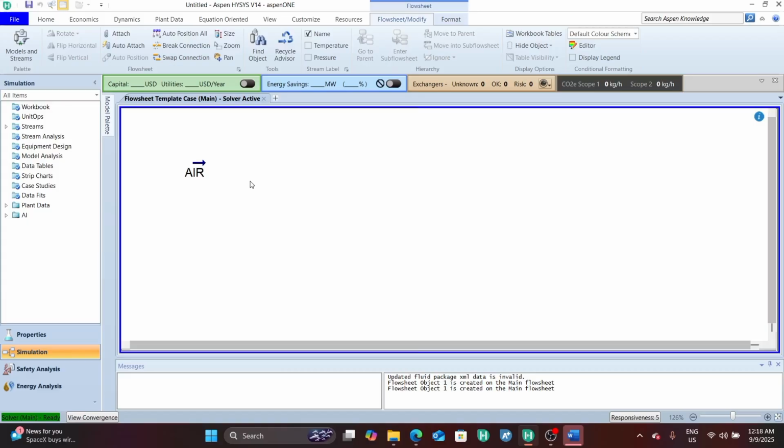Now, here's the twist of the plot. We are to carry out compression and intercooling. If you understand the ideal gas law, Gay-Lussac's law, you understand that an increase in temperature is directly proportional to an increase in pressure, and vice versa. If you reduce your pressure, your temperature reduces.